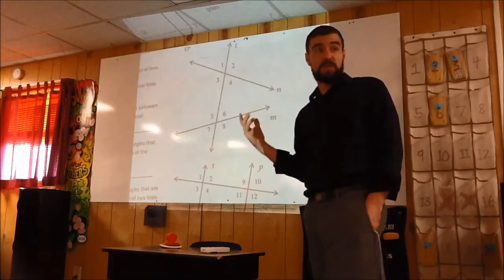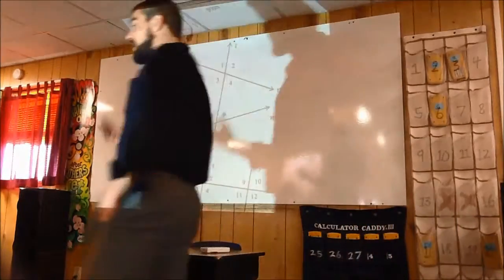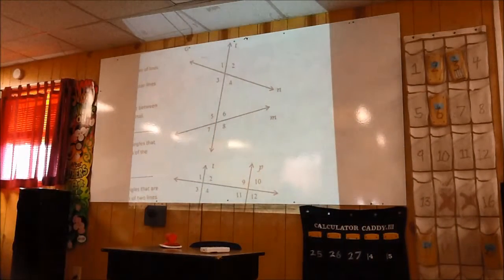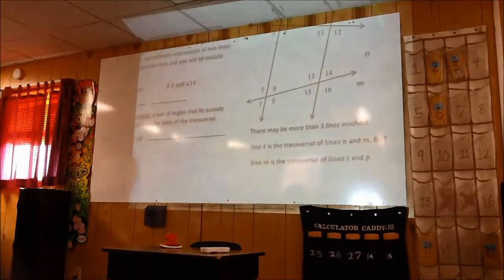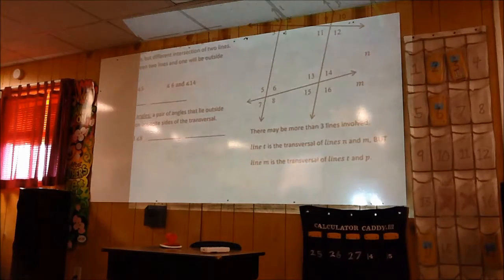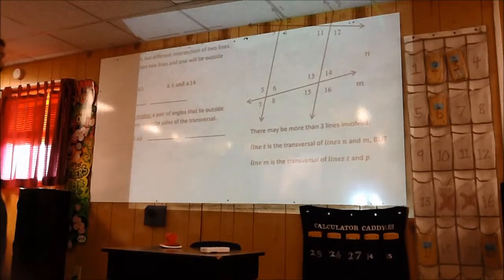Very similar to alternate interior is alternate exterior. So please find the definition of alternate exterior angles in your notes. It's the very last one near the end. It's a pair of non-adjacent angles that are on opposite sides of the transversal but lie on the outside, hence exterior. So I gave you an example of angle 1 and angle 8.